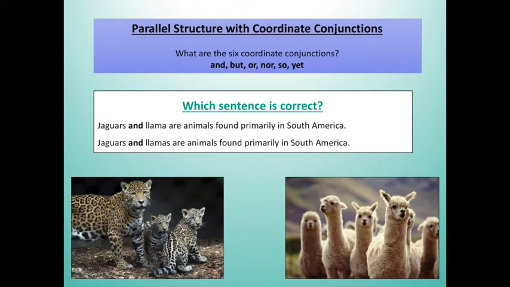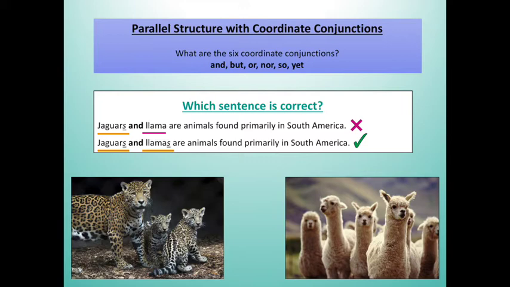Let's look at two more sentences. Which sentence is correct? Jaguars and llama are animals found primarily in South America? Or jaguars and llamas are animals found primarily in South America? The second sentence is correct.